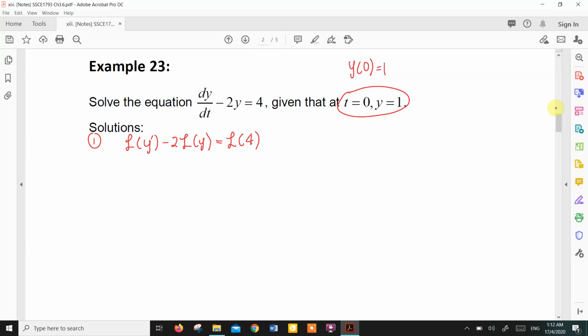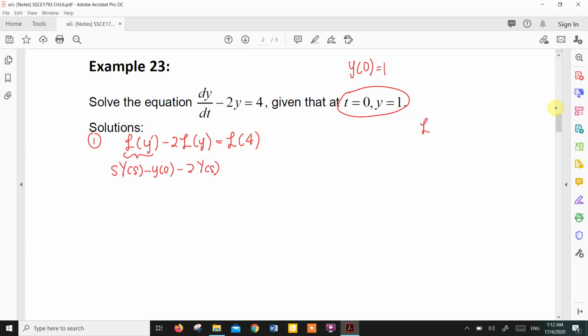Now you substitute with the transform of derivative just now. This is y prime, so we have s to the power 1 here: sY(s) minus y(0), minus 2 for y.